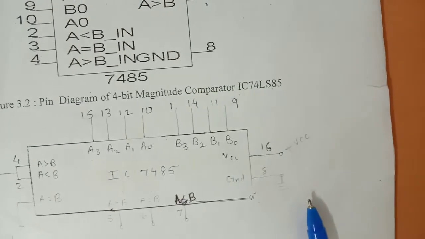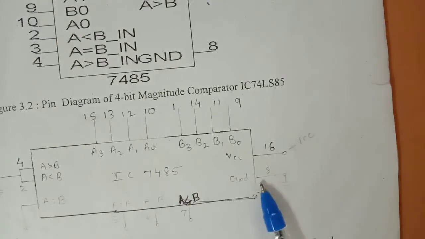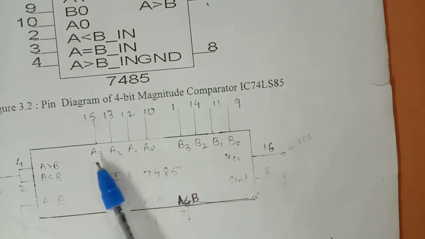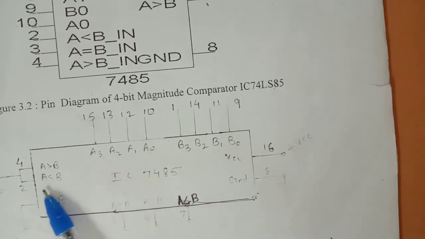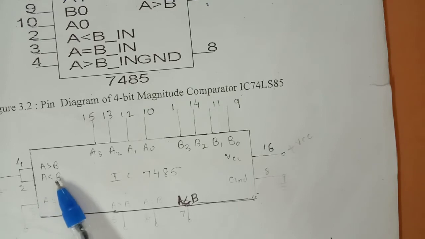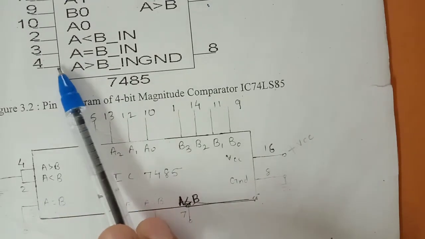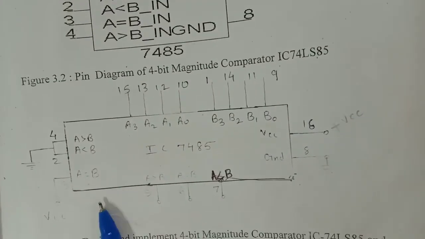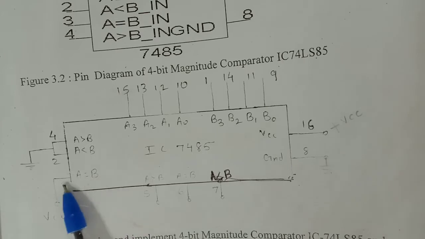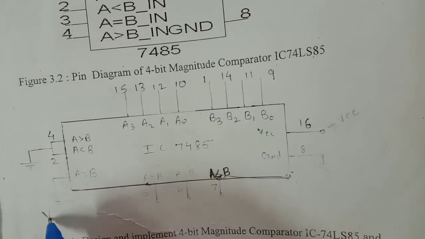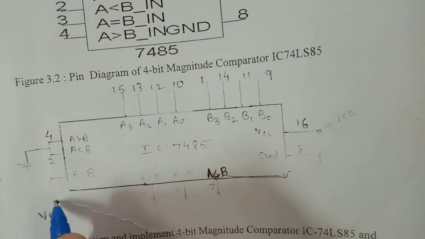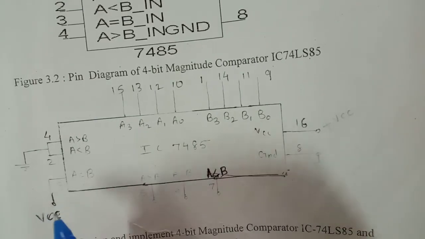For the 4-bit comparator, if you observe, 8 is ground, 16 is VCC, there are B0 to B3, A0 to A3, and pins 2 and 4 are input pins. See here, 2 and 3 are both connected to ground, and the A equal to B pin is connected to VCC, the supply voltage.